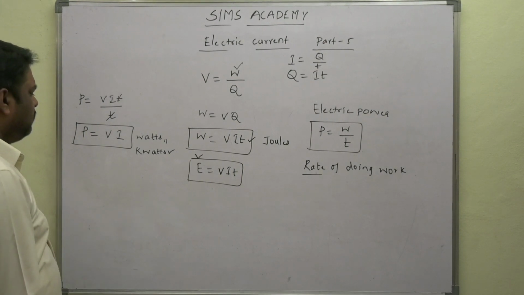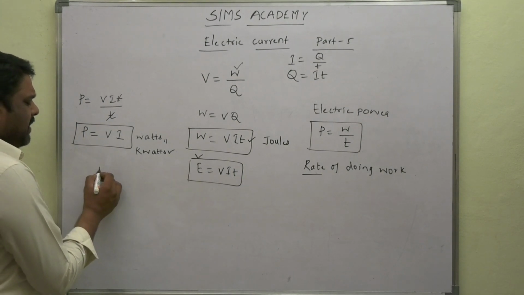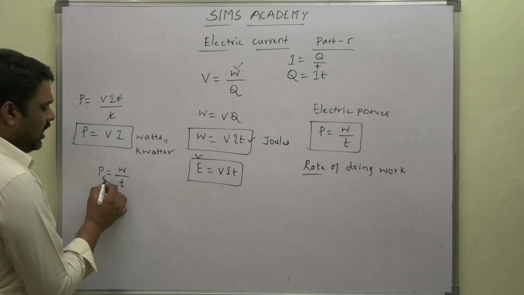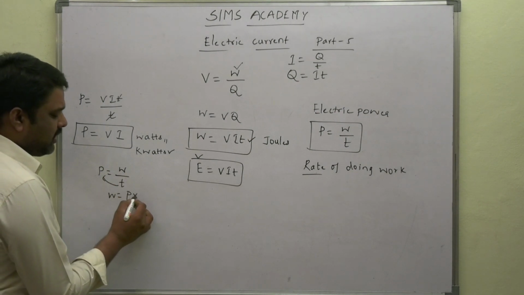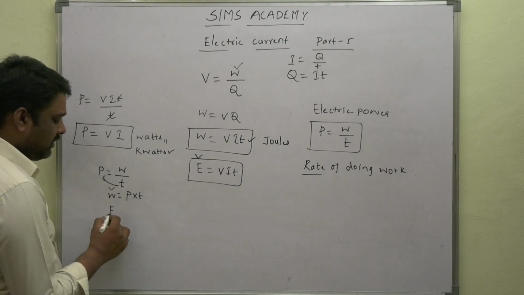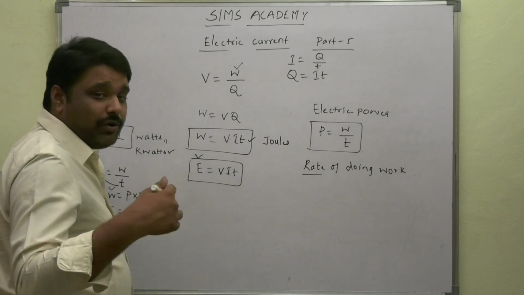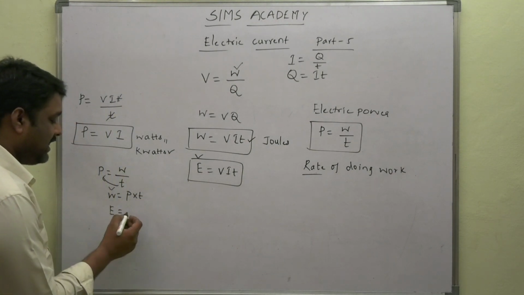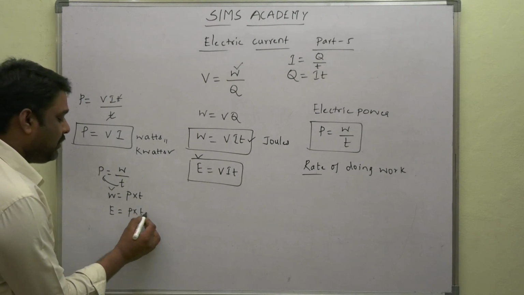Now, we discussed power is W by T, or W equals power into time. What is work done? We do work by using electrical energy. Hence, electrical energy equals power into time.